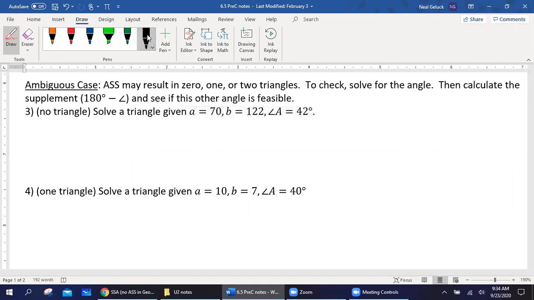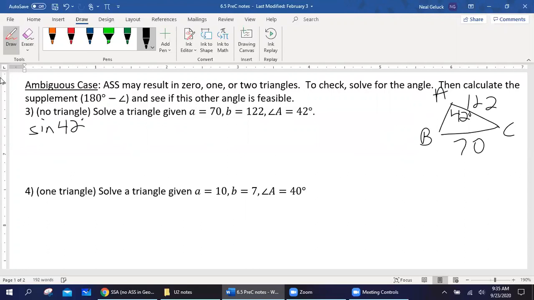So if I draw out my generic triangle and fill in the information, I have side A, side B, angle A. This is angle side side. I have to be able to set up a proportion with law of sines. So the only thing I can do is sine 42 over 70.